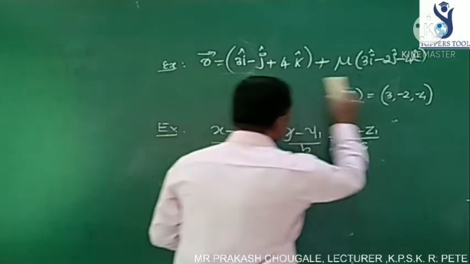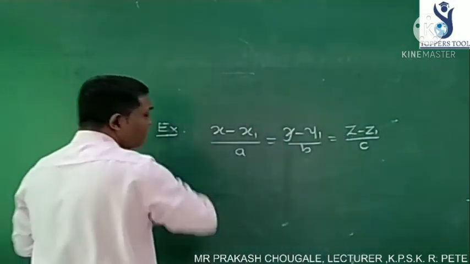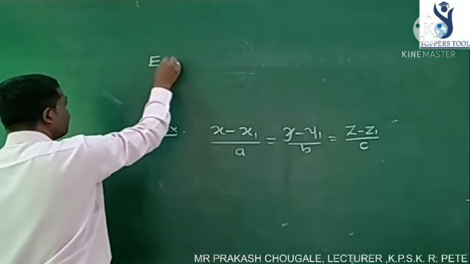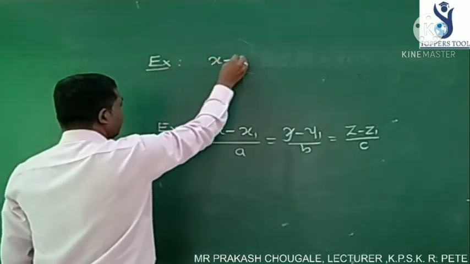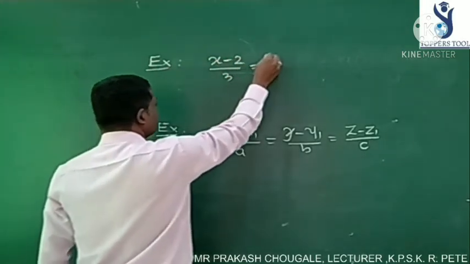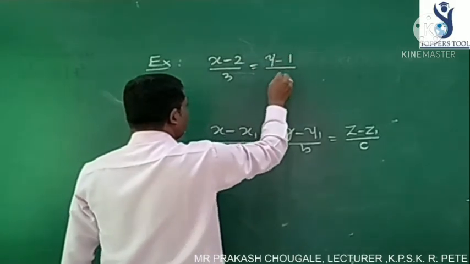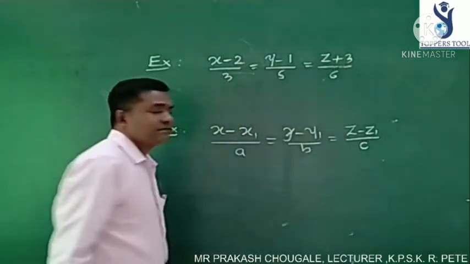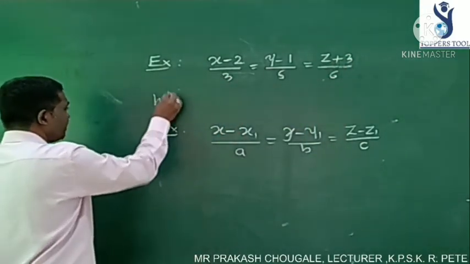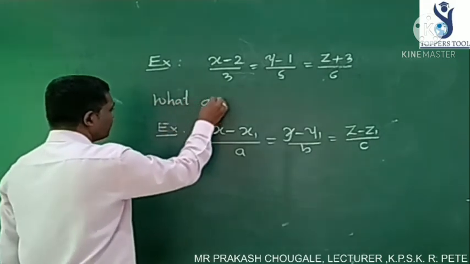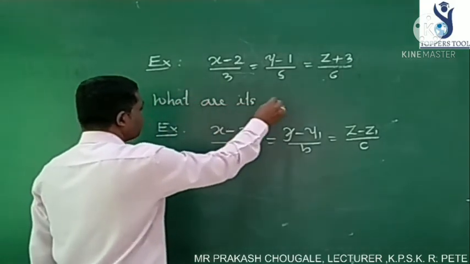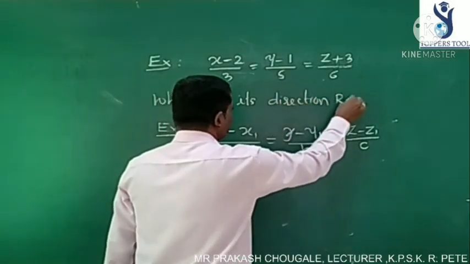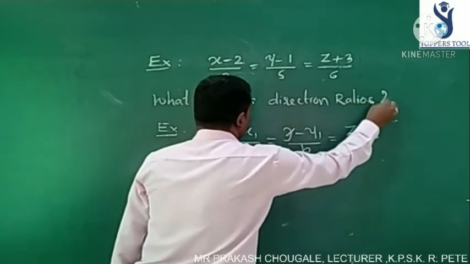So let me give you one example and you have to identify the direction ratios. For example, if I give you x minus 2 by 3, equals y minus 1 by 5, equals z plus 3 by 6, then what are the direction ratios?